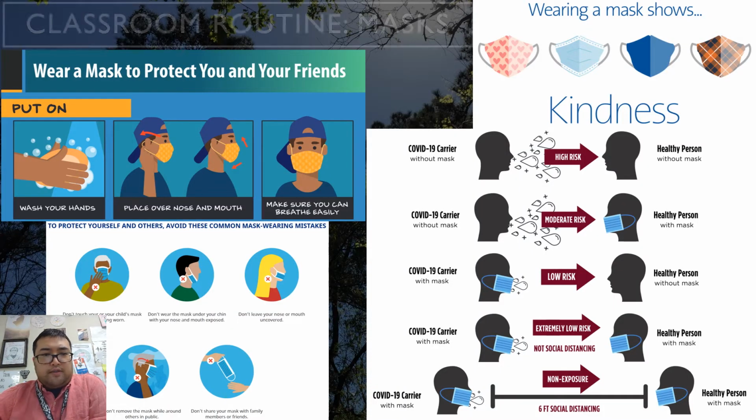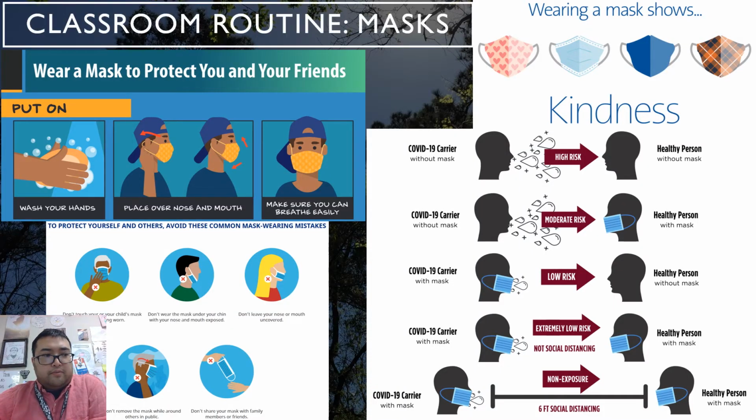So let's get this out of the way first. Classroom routine, masks. So why do we put on a mask? Wearing a mask shows kindness because we don't know who is sick, asymptomatic, whatever the case may be. But if we all wear masks, it will help better protect everyone.